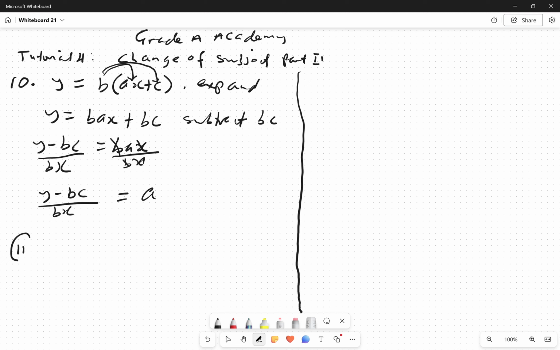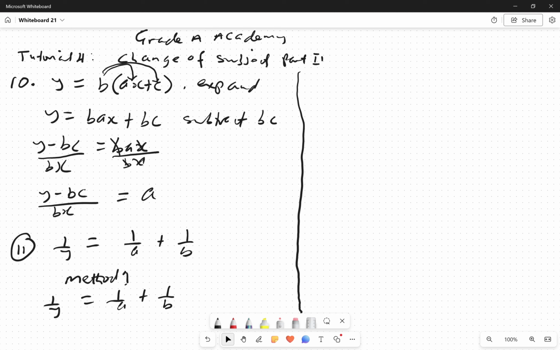Number 11, if we have 1 over y is equal to 1 over a plus 1 over b. There are two methods. Let's do both. Whichever is suitable for you, you use, or you are comfortable with. Method 1, what we want to do is we have 1 over y is equal to 1 over a plus 1 over b, and we are looking for a.